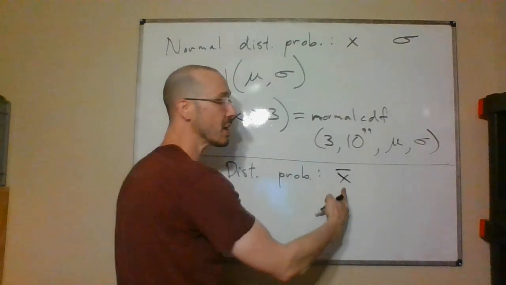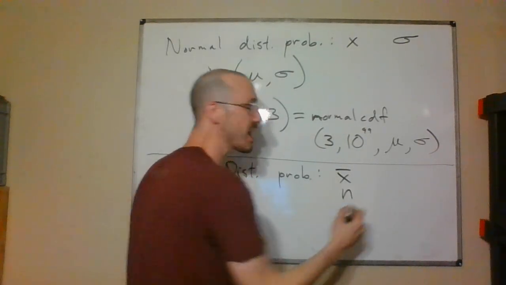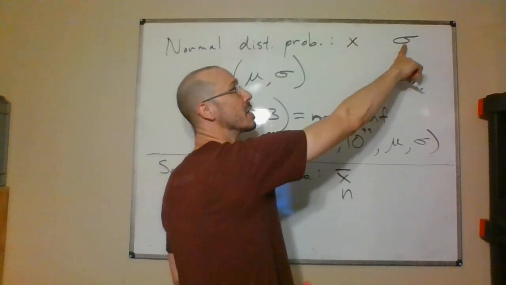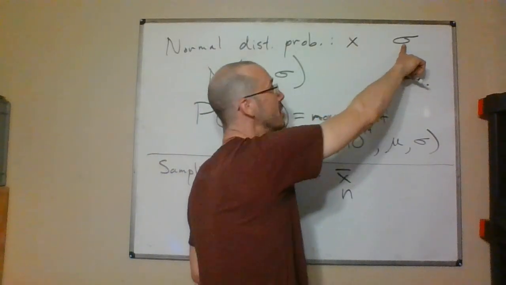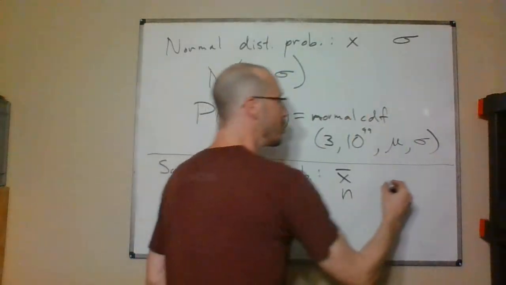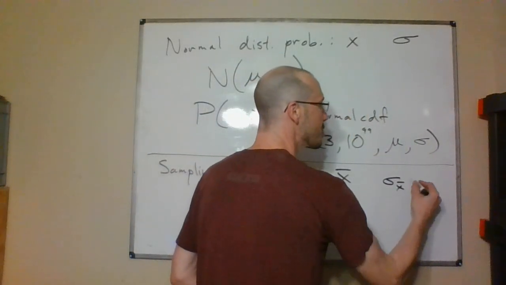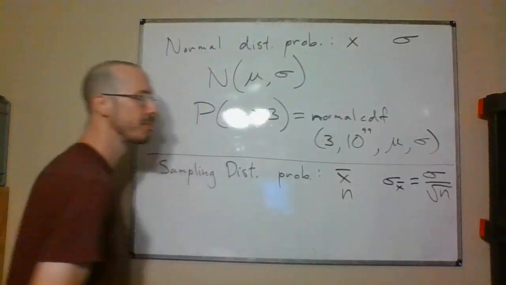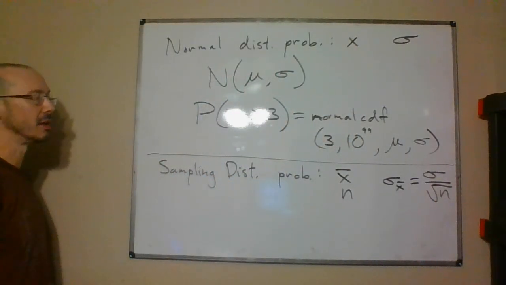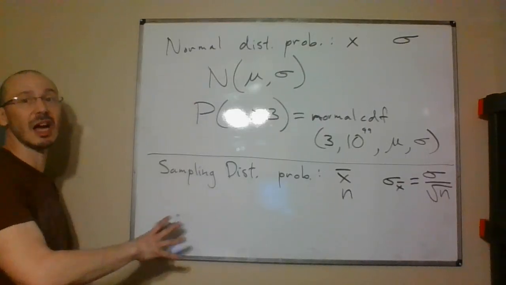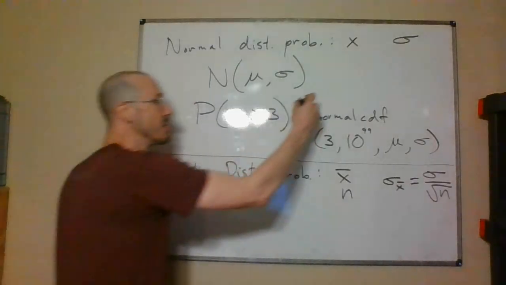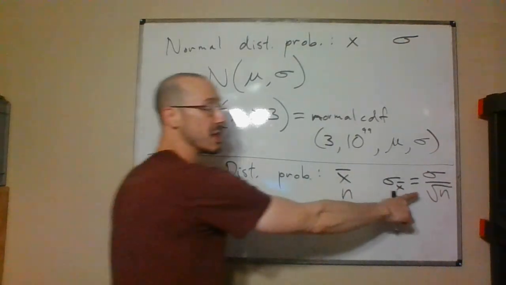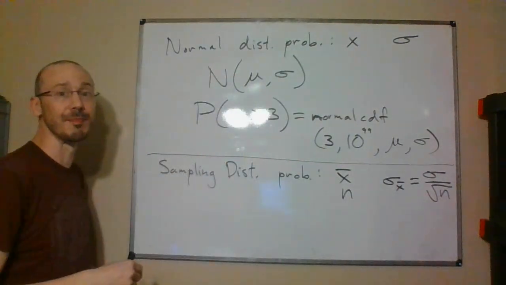So there's associated with this a sample size n, and where that n becomes really important is, instead of using a standard deviation sigma in our calculation, we're going to use that sigma x bar, which is just sigma divided by the square root of n. And the difference between these is context. We use the same function, normal CDF, to do this. You use a different standard deviation, but everything else would be the same.